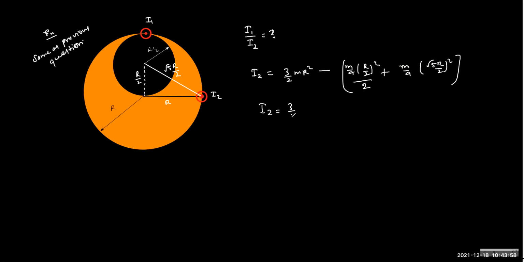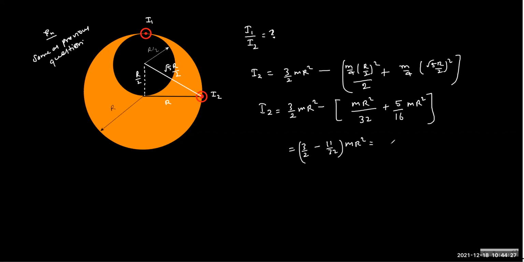So I2 turns out to be, with denominator 32, 16 times 3 is 48 minus 11, 37 upon 32.